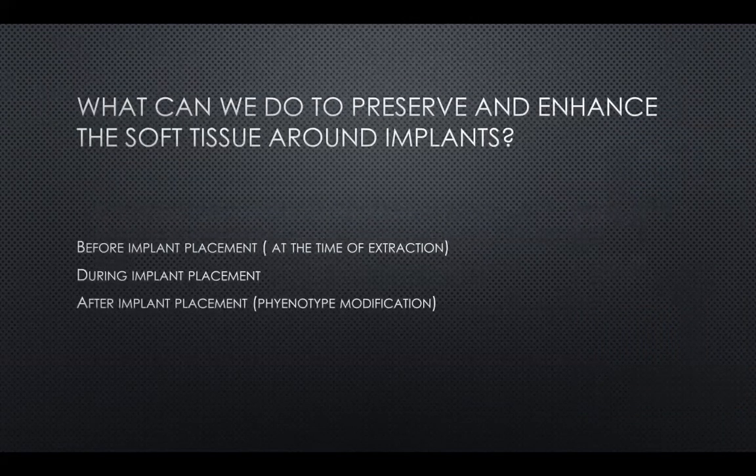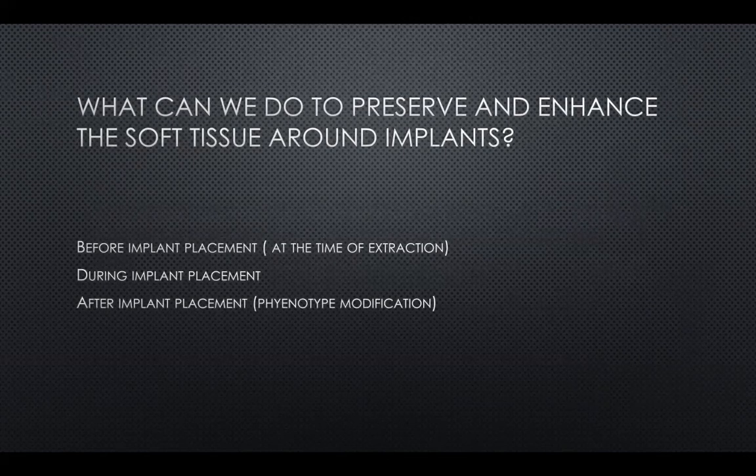So what can we do to preserve and to enhance the soft tissue around implants? How do we preserve and how do we enhance the soft tissue phenotype and hard tissue phenotype around our implants? We can do multiple procedures.